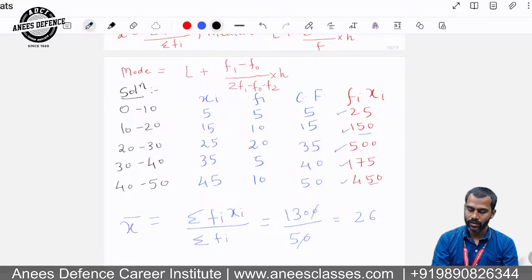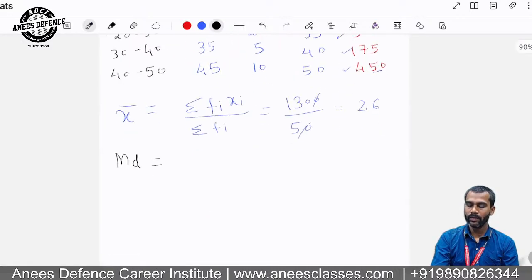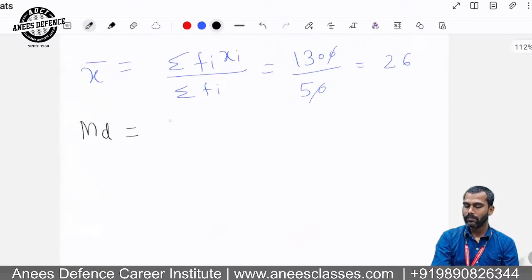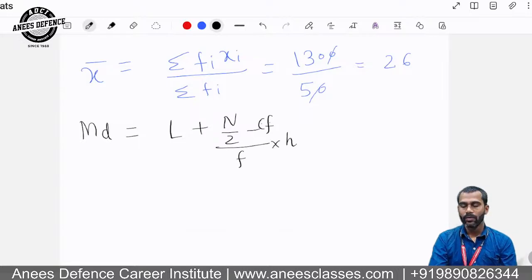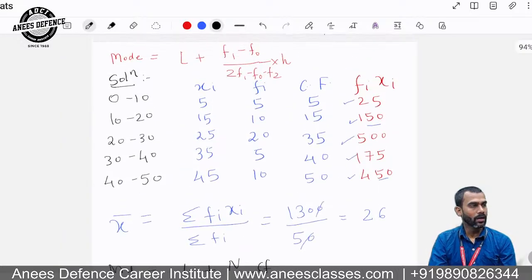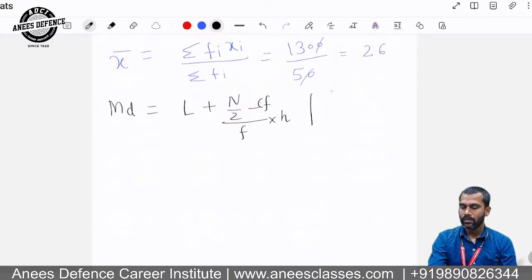Now we need to find out median. What is the formula for median? L plus n by 2 minus cf divided by f into h. For that, we need to find out median class. So what is n here? N by 2 is nothing but 25.